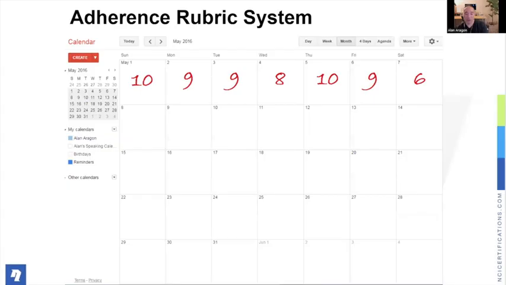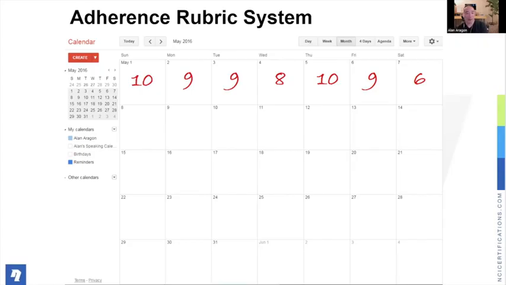Now, let's get concrete with what we're talking about here. So this is a 10-point adherence rubric where you essentially rate your compliance on a scale of 1 to 10. The way that I used to do this, I used to have clients buy a physical calendar that they could post up in their office or on their fridge or anywhere prominent where they get to see it on a semi-constant basis.